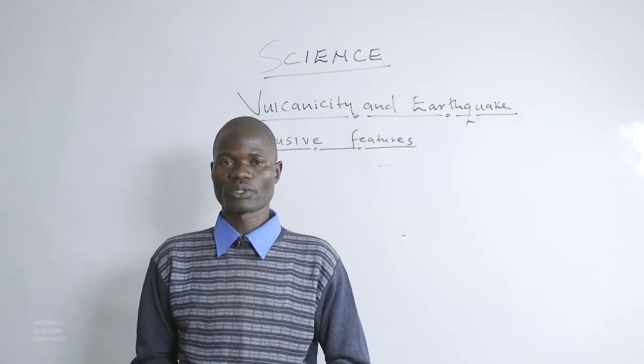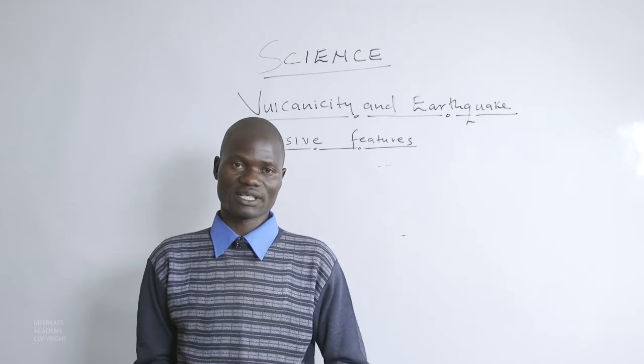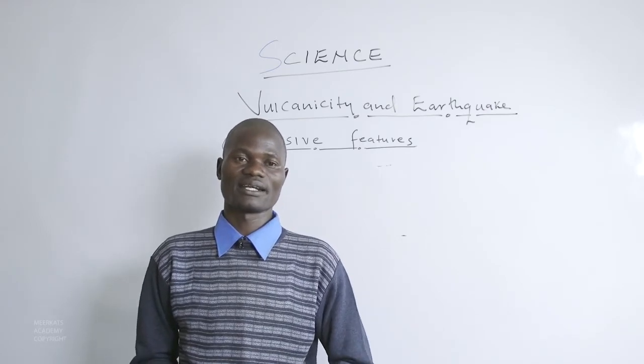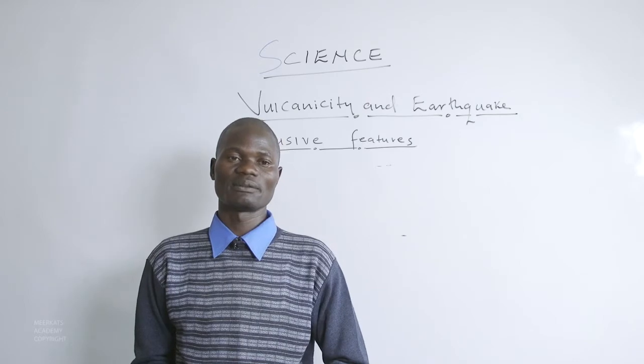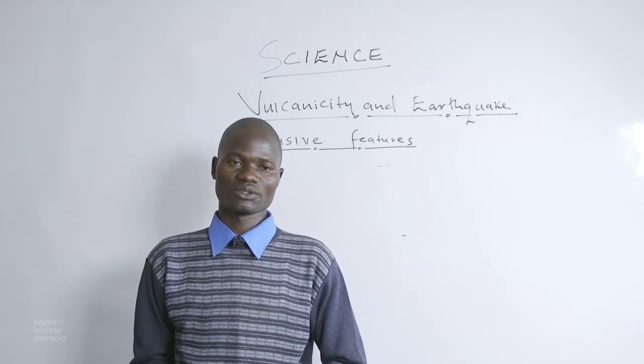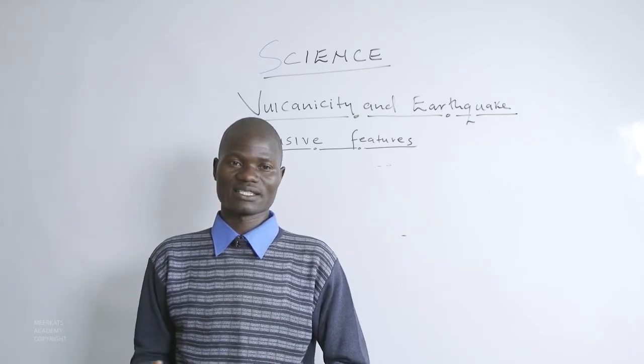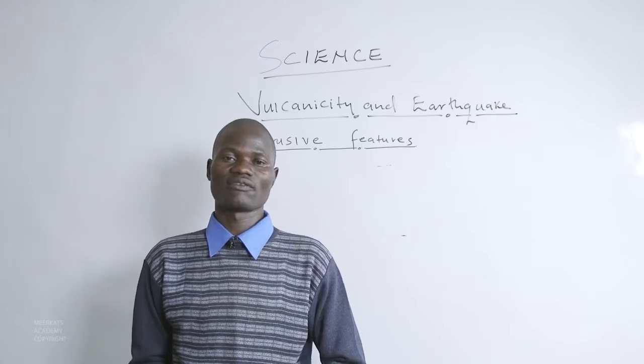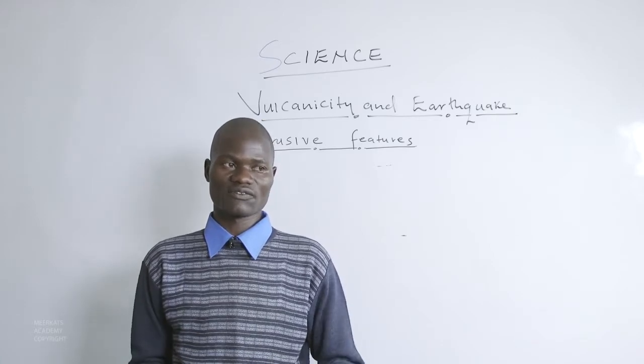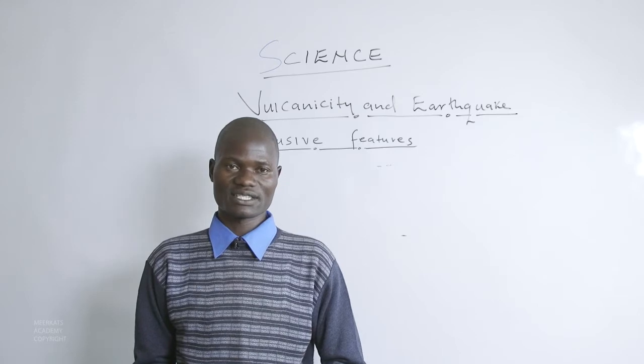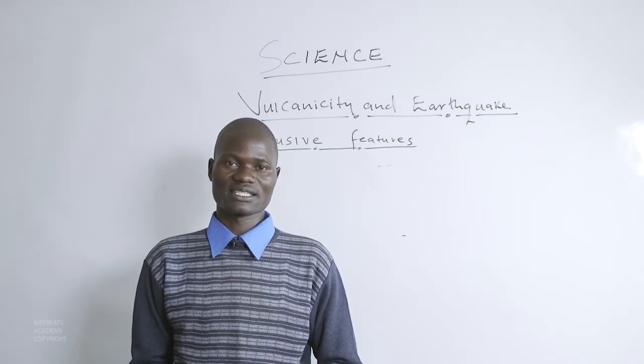In the previous lesson we looked at extrusive volcanicity, and we learned that there are landforms which have been formed and exposed on Earth's surface. As a result, they lead to the formation of various landforms on Earth's surface that can be easily visible with our naked eyes.